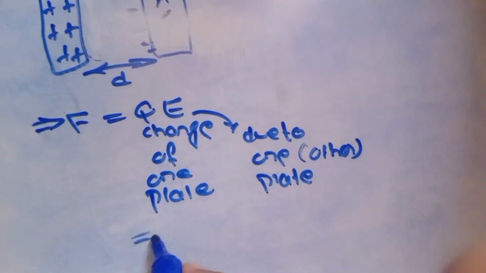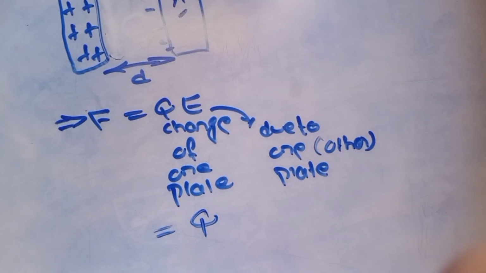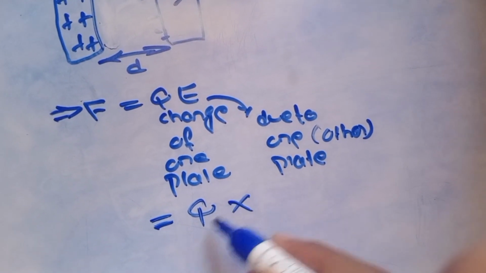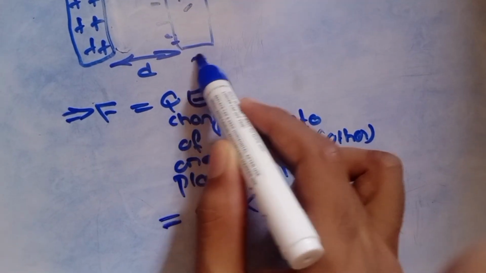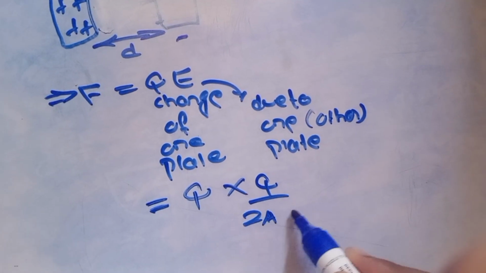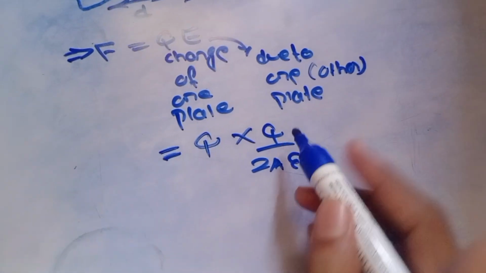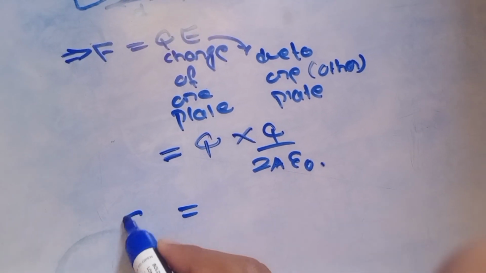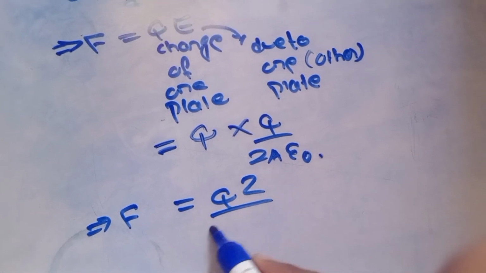So the charge is Q and the electric field due to a conducting plate is Q divided by 2A epsilon naught. So force equal to Q square divided by 2A epsilon naught.